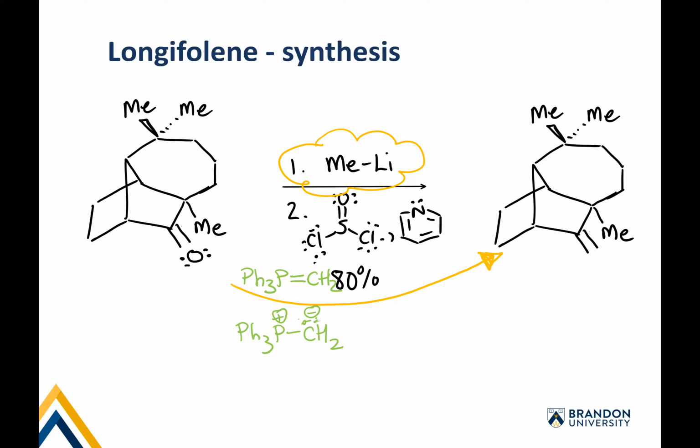And then these electrons would come in and attack. Now, the trouble is, someone might have tried this previously and it might not have worked. This group's quite big, and you need to make a four-membered ring when you're doing the Wittig reaction. So you'd have to have something like this. If we remember that correctly.